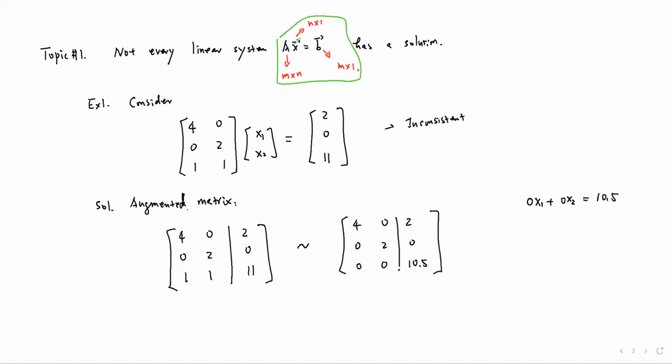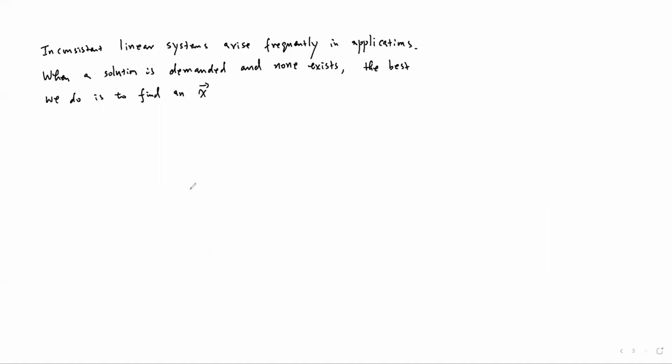The unknown x is in Rn. We find an x in Rn that makes the left-hand side Ax and the right-hand side b as close as possible.